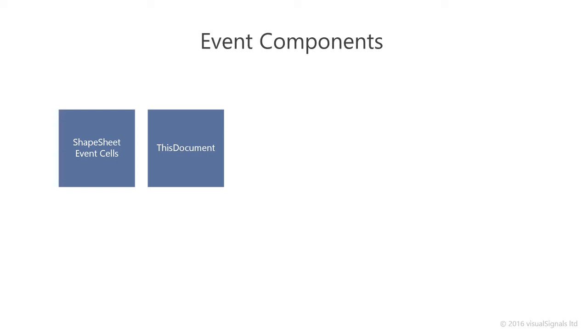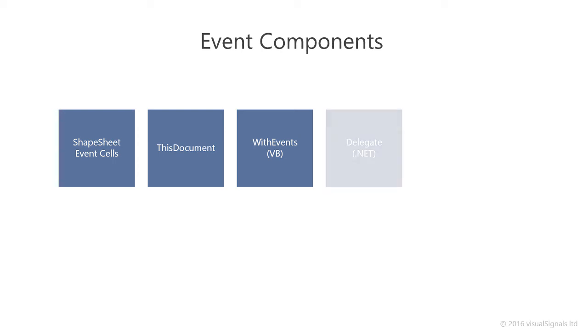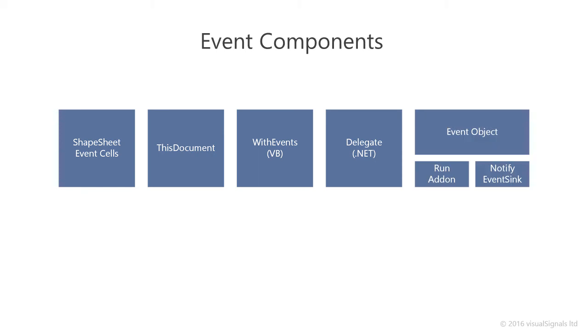In VB-based languages, there's the WithEvents modifier, which allows you to declare an object variable including its event interface, and then provide handlers for each of the events exposed by that object. In .NET, you can hook up to events using delegate event methods. These are methods exposed by the Visio primary interop assembly that allow you to reference a handler method of your own creation. And finally, Visio also provides you with its own event objects.